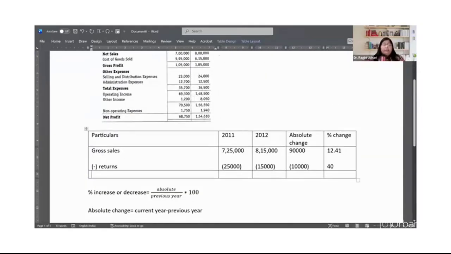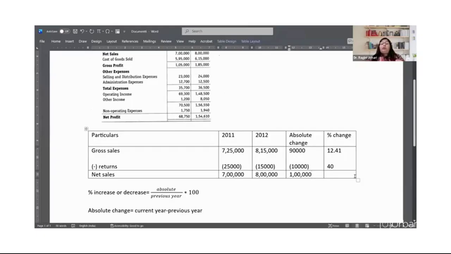Now we have net sales. Net sales are 7 lakh and 8 lakh, and the absolute change is 1 lakh. Please note again that we are not going to subtract the changes. If we did the subtraction, 90,000 minus 10,000, it should come to only 80,000. But we do not do the calculation like this.